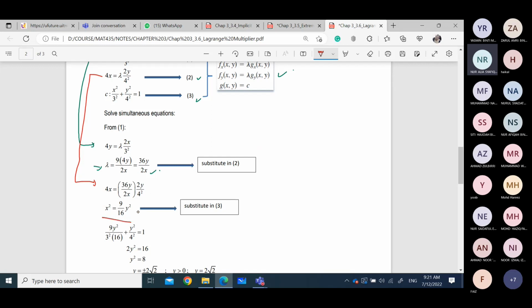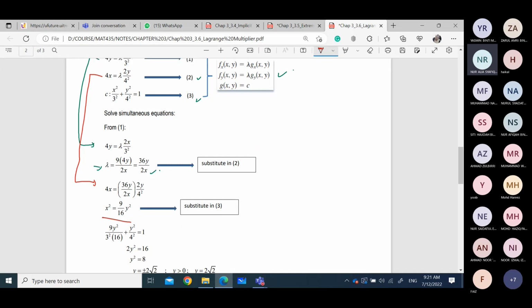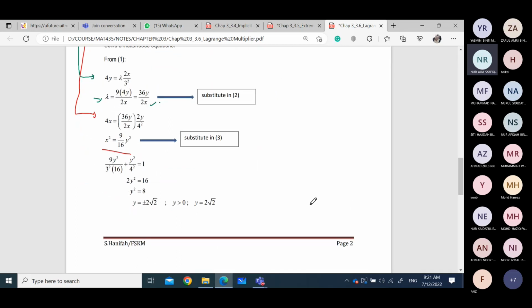And you will have this one. Okay. And next we find the value for y. So y here is 8.